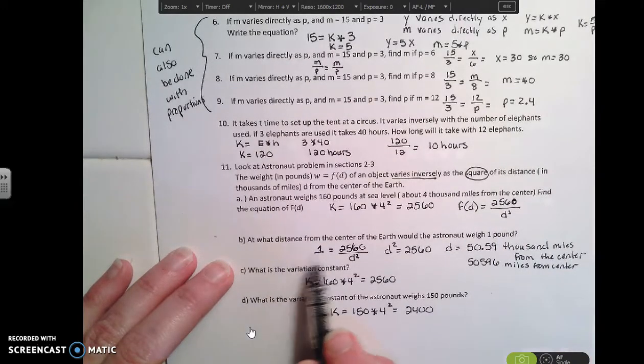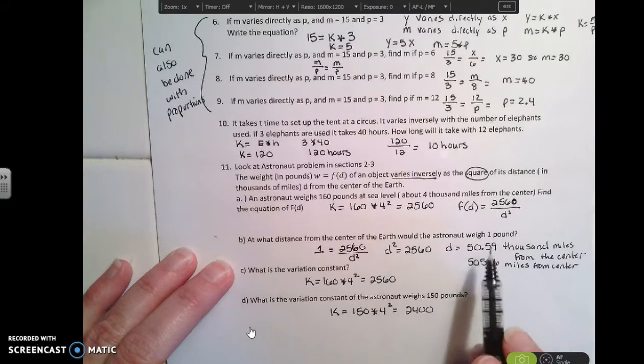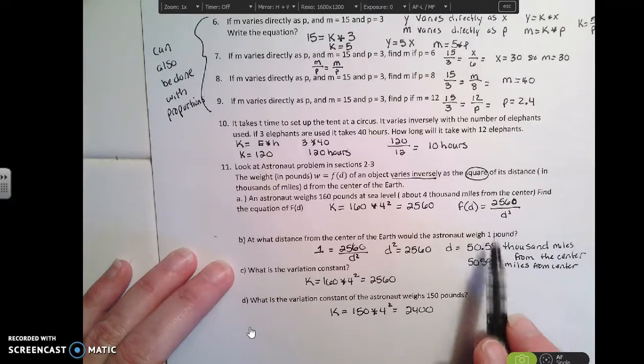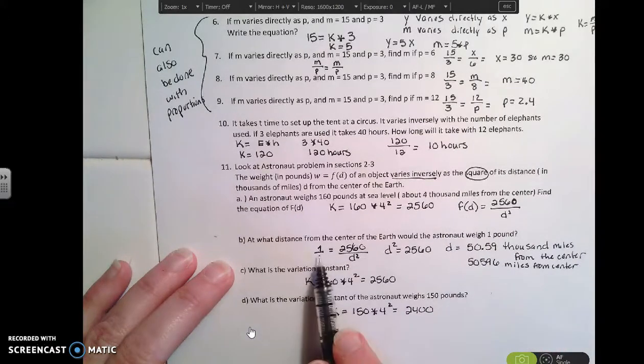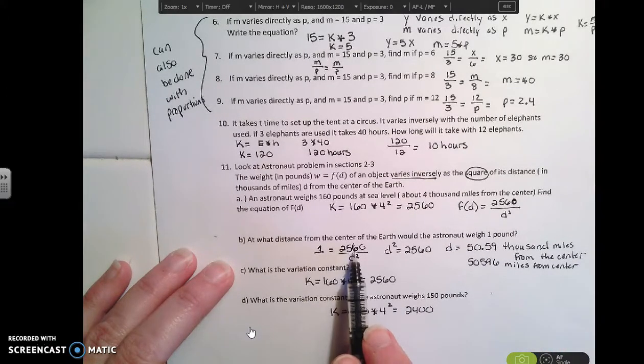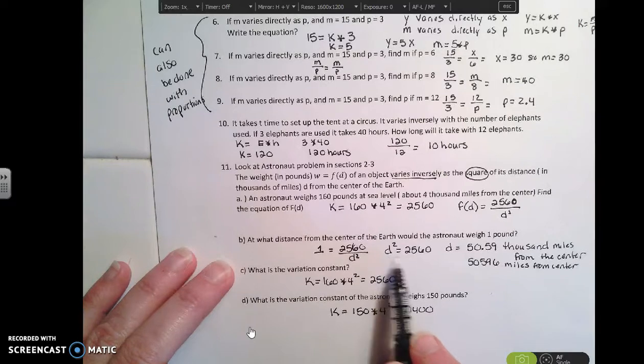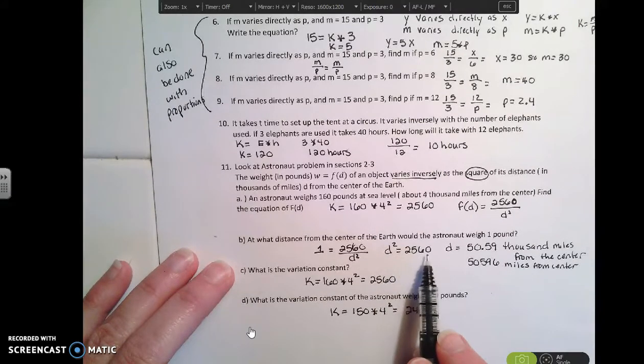So what's the distance from the center of the Earth if the astronaut weighs 1 pound? The weight is the F value, so there's my weight. There's that constant that I found. The d squared is what I'm looking for. So therefore d squared is equal to 2,560.